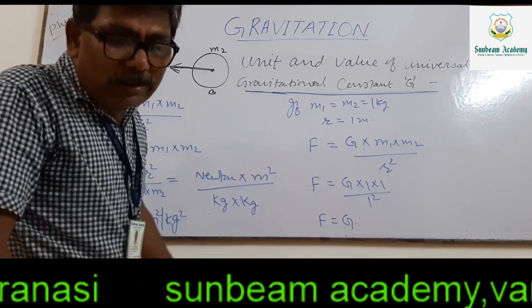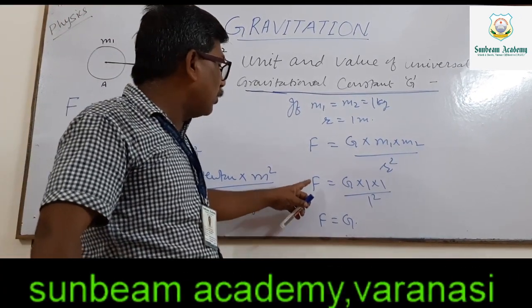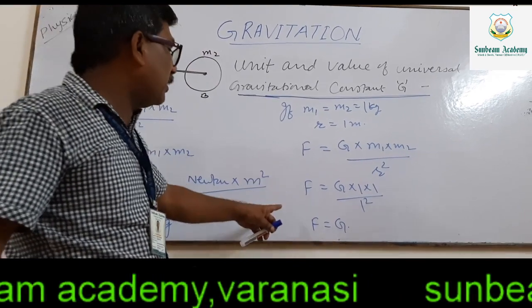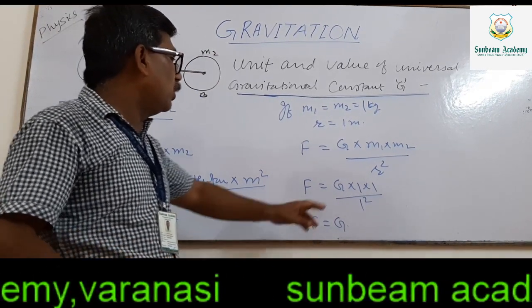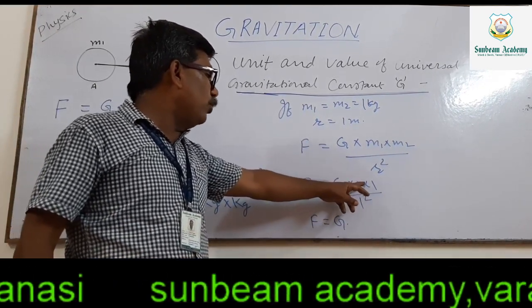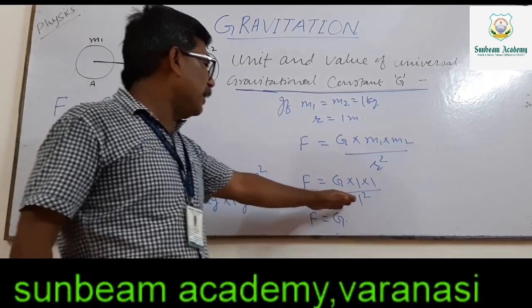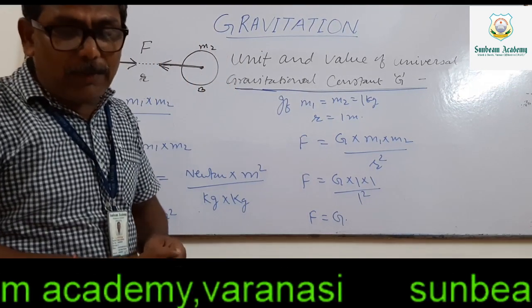Means universal gravitational constant is numerically equal to the force of attraction between the two bodies having unit masses and kept at a unit distance between them.